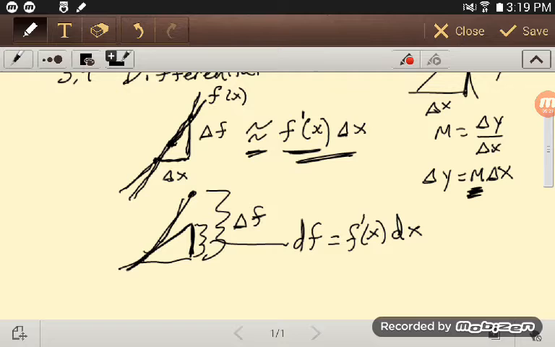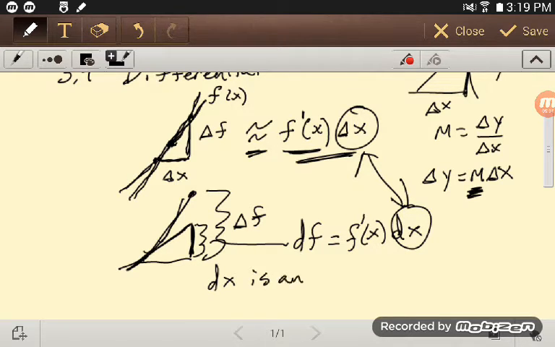Now, here's a subtle point. Notice this and this, they are actually just different names of the same thing. So dx is any positive value, just like delta x could be any positive value. These two are really one and the same. I can say dx or I could say delta x.